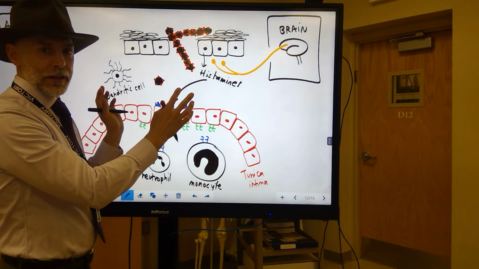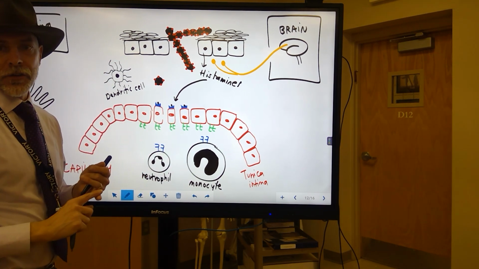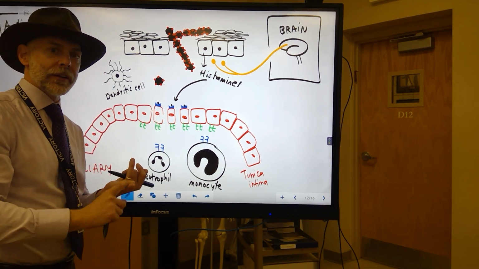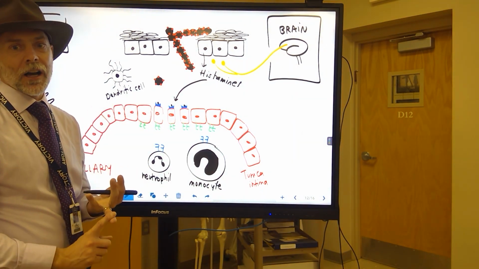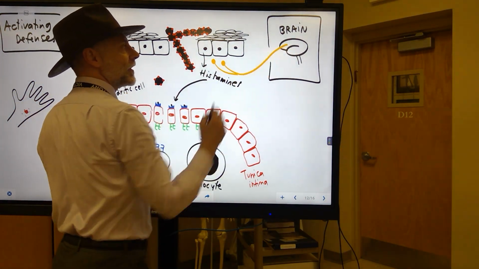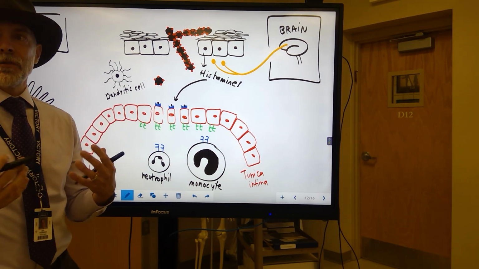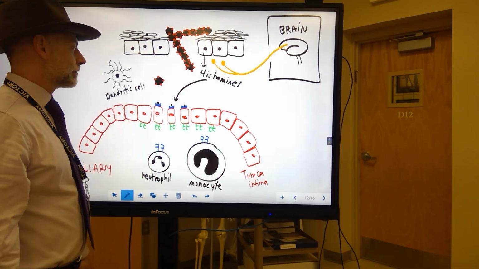That's going to generate swelling. The capillaries also get bigger, increasing blood flow, and that'll make the area red and hot. And then the histamines also activate pain receptors that send signals to the brain, and then you feel the sensation of pain and the tissue hurts.